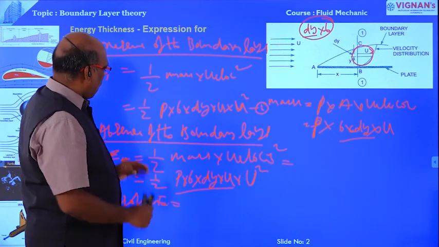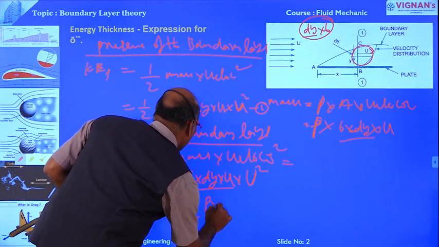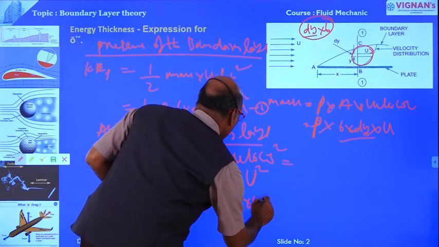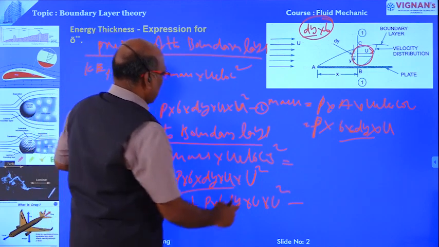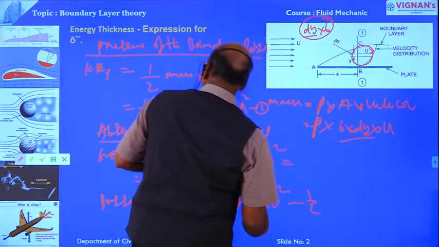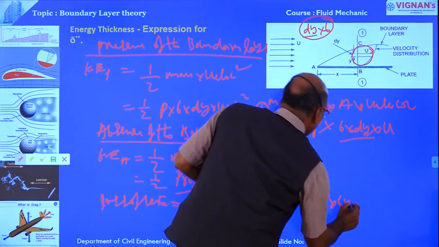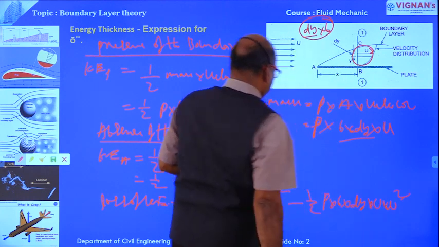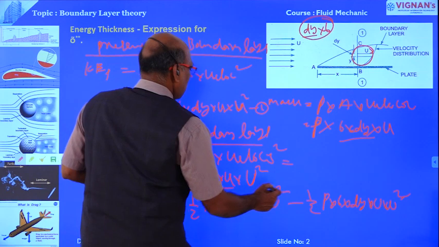Absence is 1 by 2 rho b dy into capital U square, minus presence, half rho b dy into small u square.